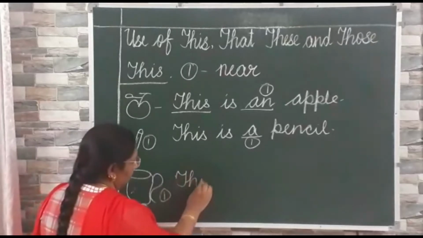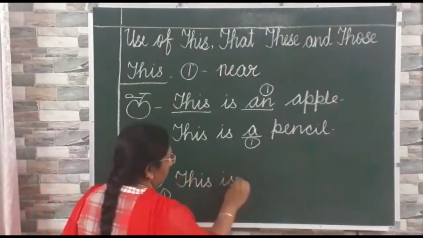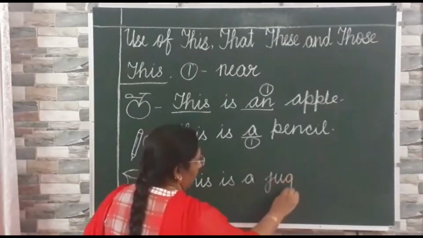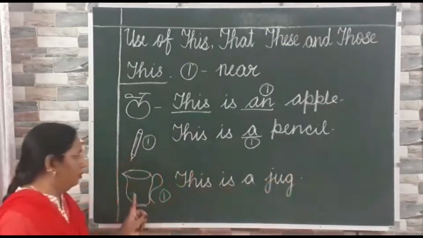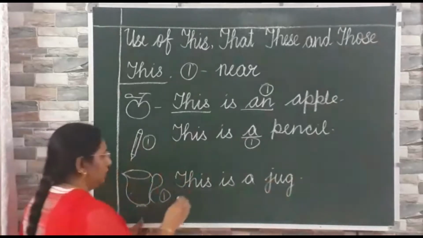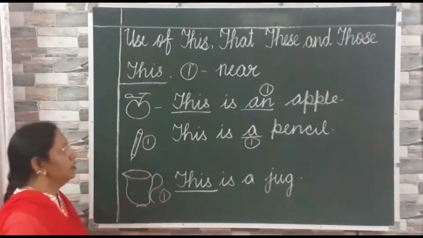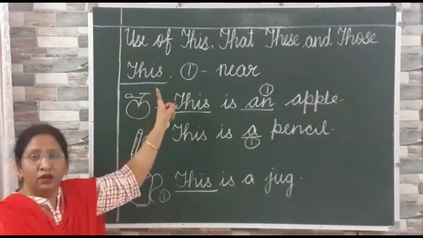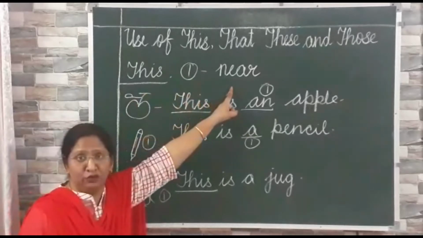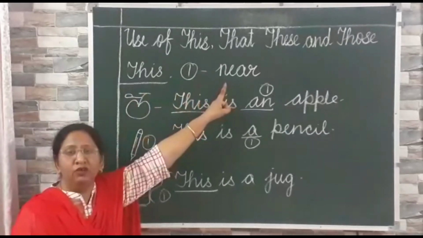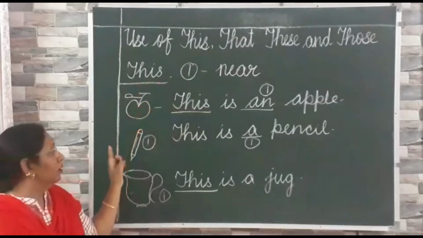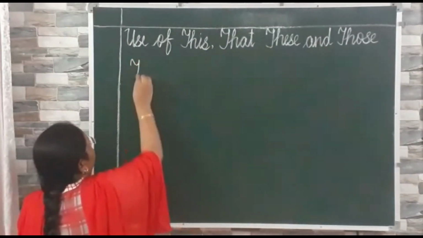This is a jug. Okay children? How many? One jug and near also. So we have used this is a jug. If a noun is one in counting and near to you or me, what do we use? This. Understood?